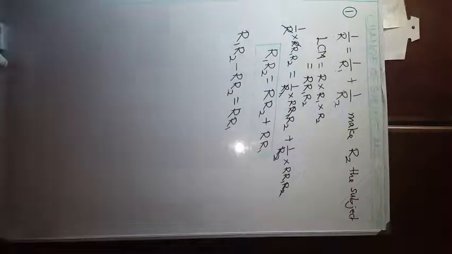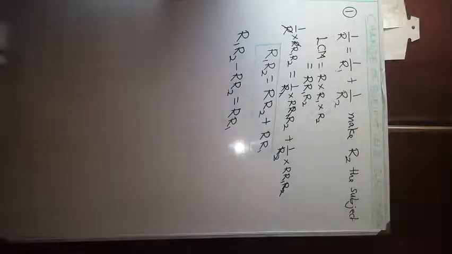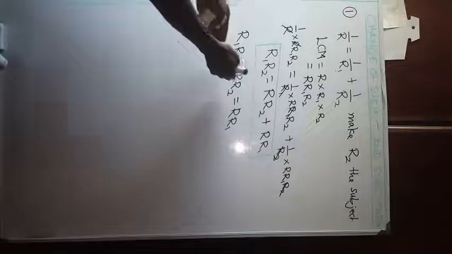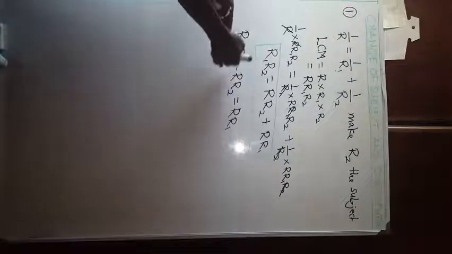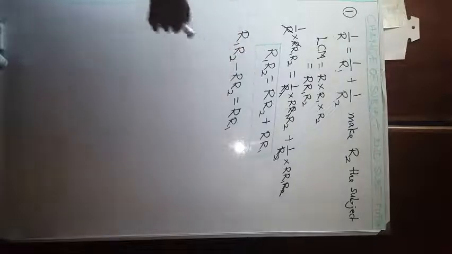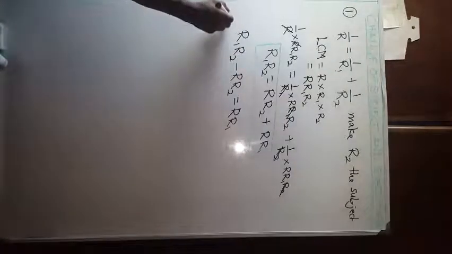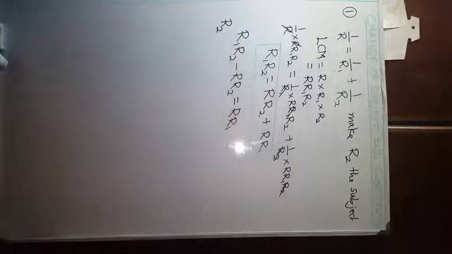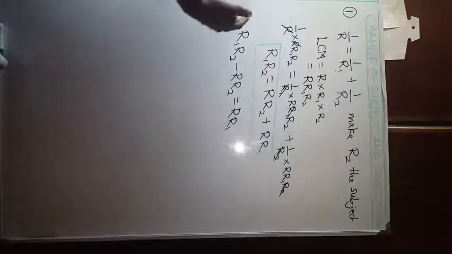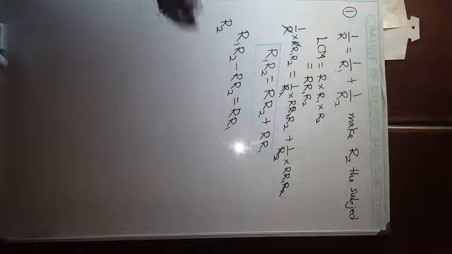It's like using the distributive property. So we say that r2 has been distributed in both terms, and now we want to factorize out the r2. So we can bring out the r2, then we put the rest of the terms in brackets so that the r2 can be distributed over the negative sign here.